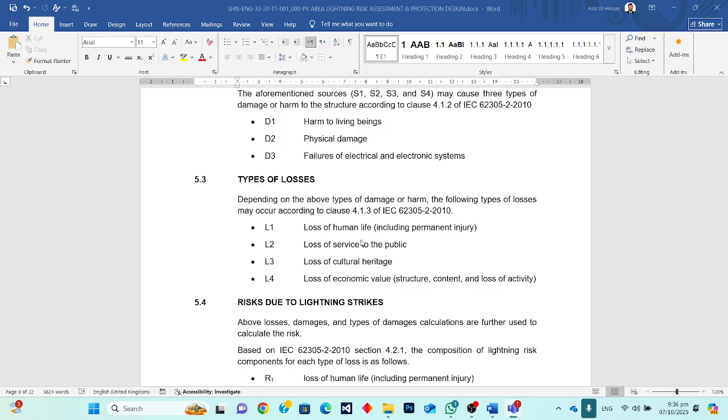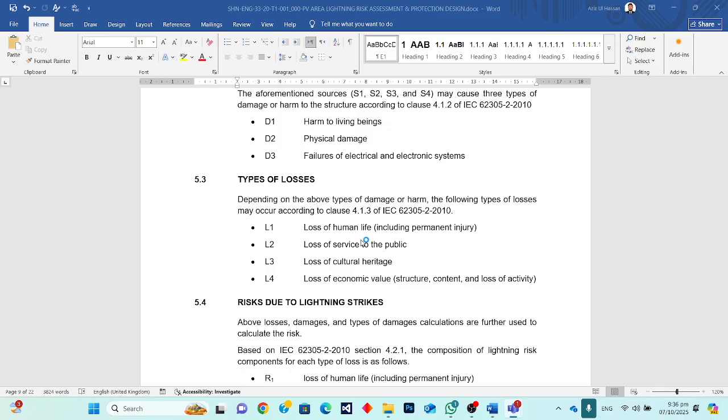The third one is L3, loss of cultural heritage. Maybe there are some cultural heritages present in the area where the lightning flashes, so this loss may occur. In a PV area, we will check whether cultural heritage is present.